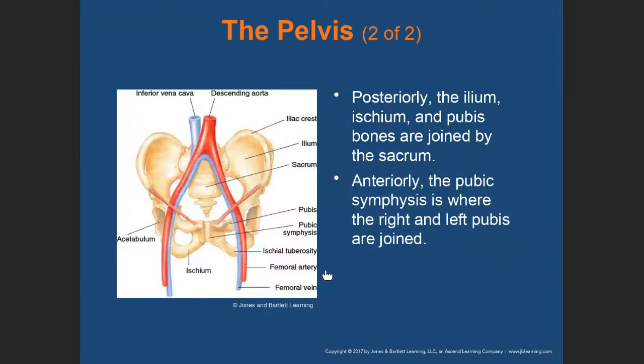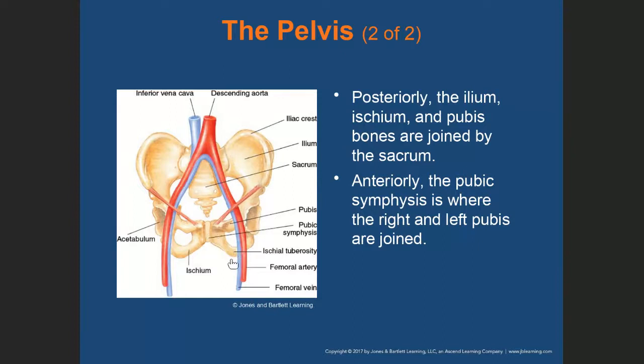So let's look at that diagram. If we look at the diagram, we can see where the ilium is, and that's the wings of the pelvic wing. And then the ischium is more inferior, and you have the pubic symphysis, which is a joint.